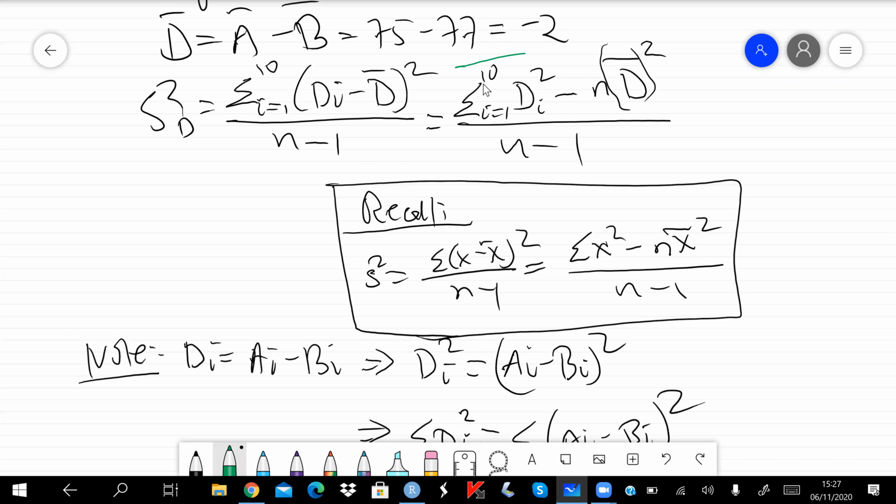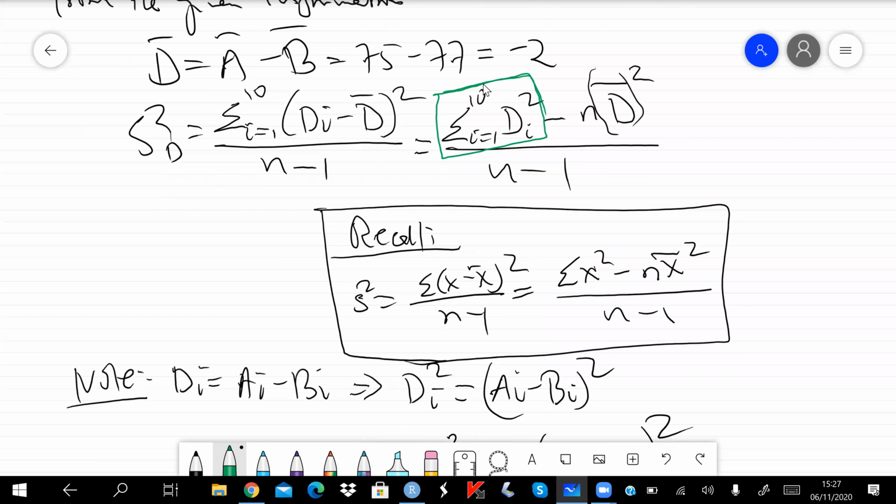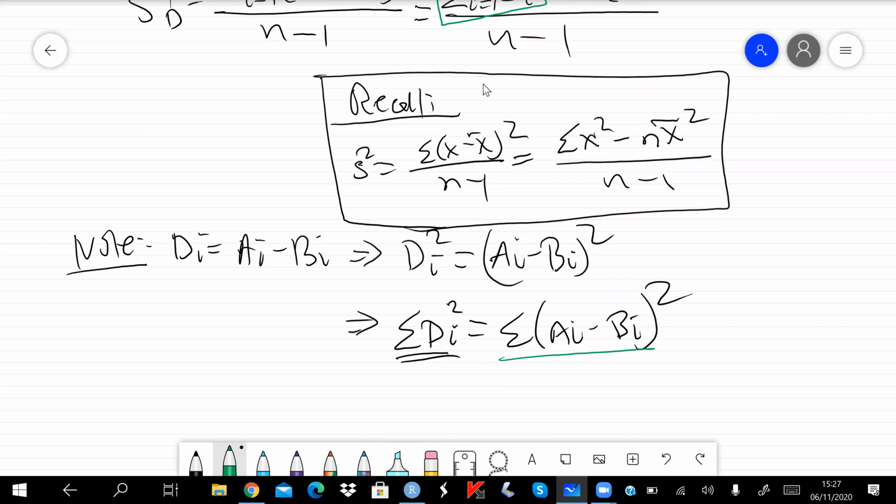This item here is what we are given in the question.